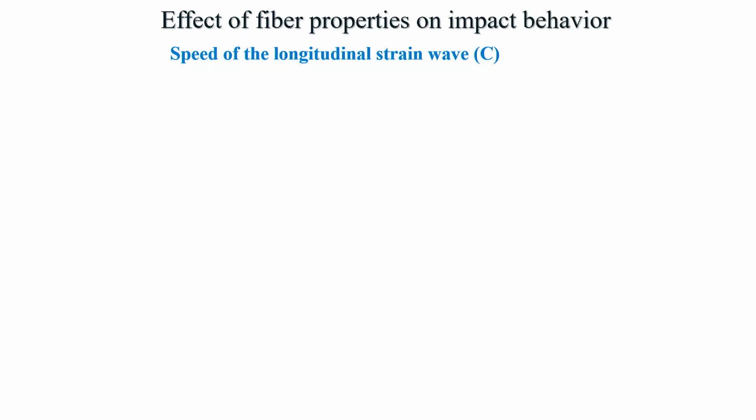Now, we will try to understand the different fiber properties on impact behavior. Here the speed of the longitudinal strain wave is one important characteristic, which will actually control the impact behavior.